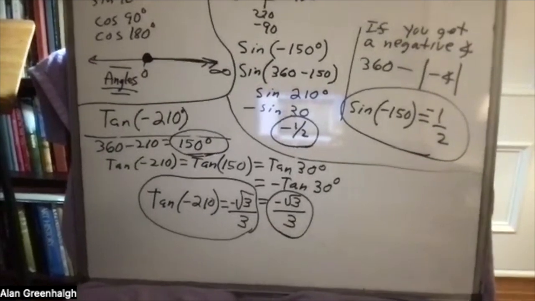Pretty neat. Now, there's a question in the homework that you may have trouble with. And to help you to do that problem, I would like to do one final question.